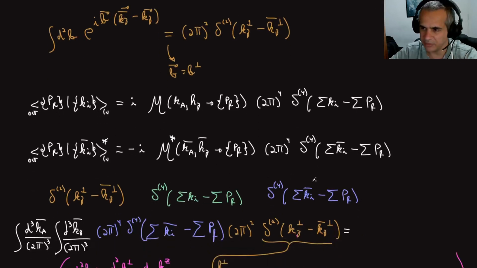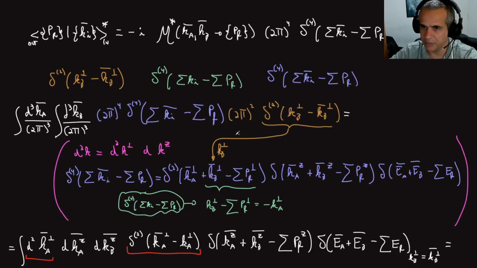Let's then take a look at these deltas. I have all of them here, color coded to make it easy to follow. And I'm interested first in integrating on Kb bar. So I took these 2 deltas that involve k bar, right? The one that came from the integration in the impact parameter, and this one that came from this invariant matrix element.